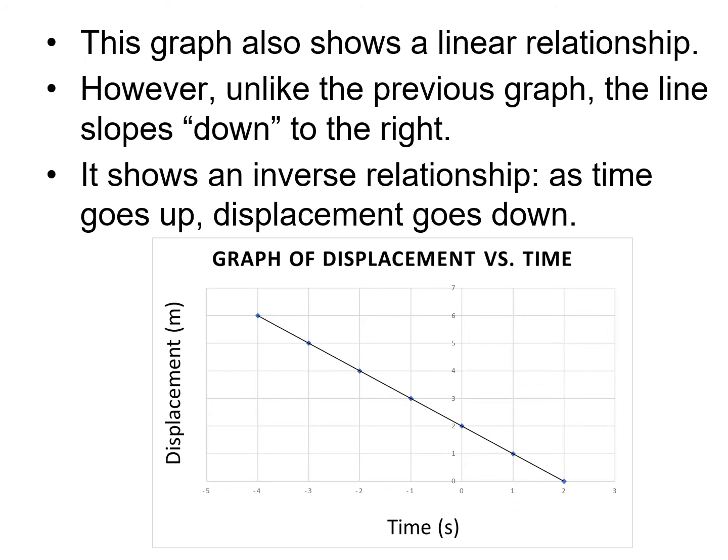It shows a linear relationship, but it goes down to the right. The last time we had a graph upwards to the right. So obviously this motion is somehow different. This is an inverse relationship. As time goes up, displacement goes down.